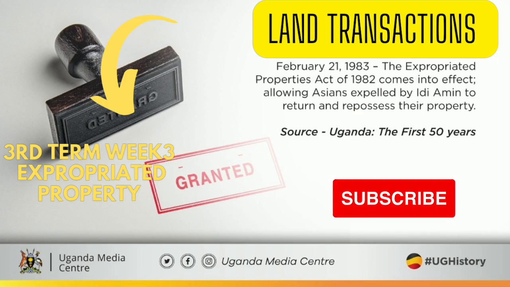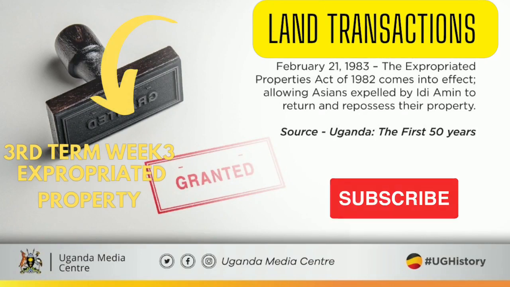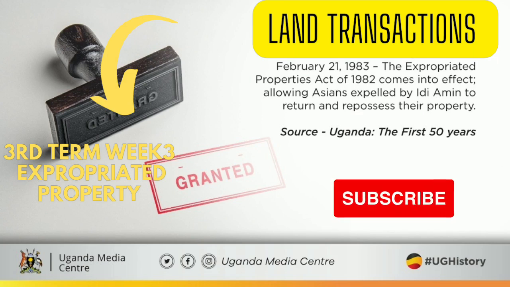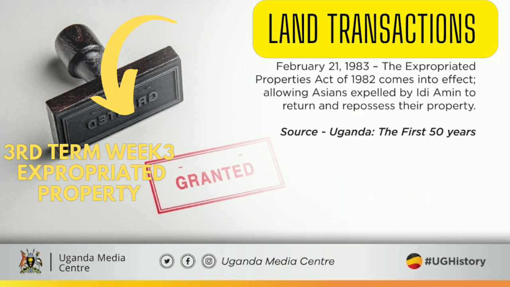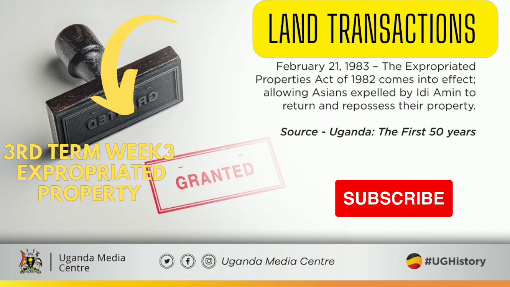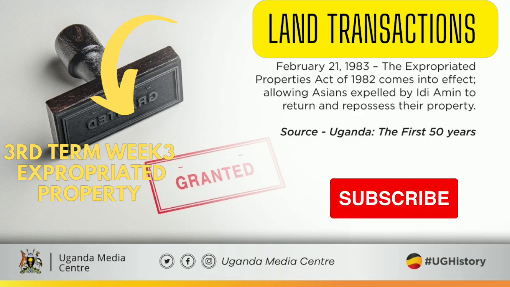So after vesting the property in the government of Uganda as per Section 4 and 3, because the custodian board was acting as an entity established by the government of Uganda, after the property was vested in Section 3, the property became expropriated.